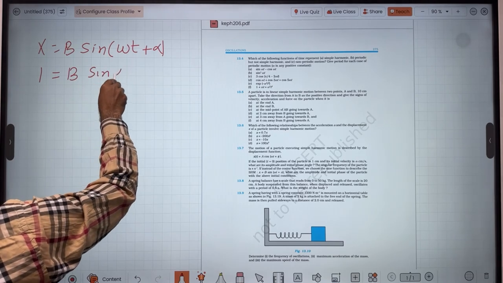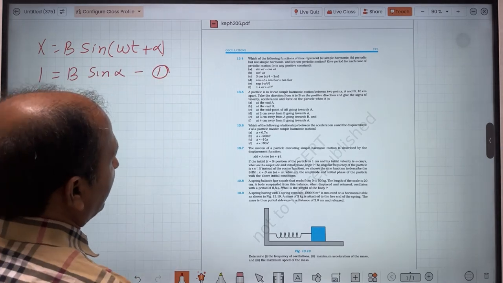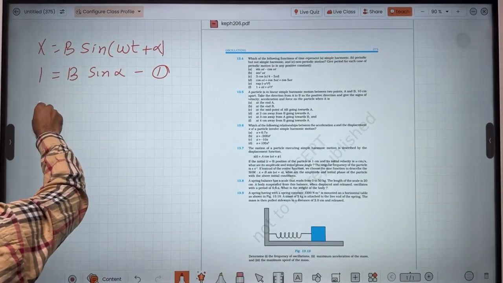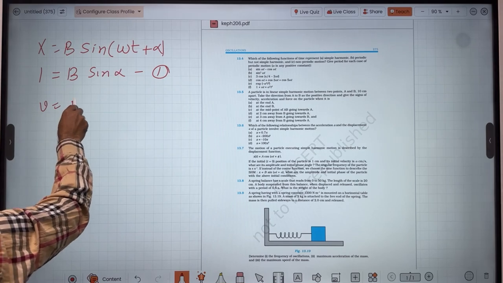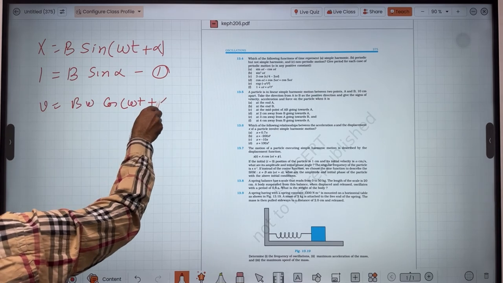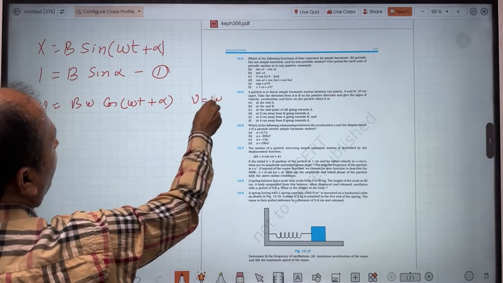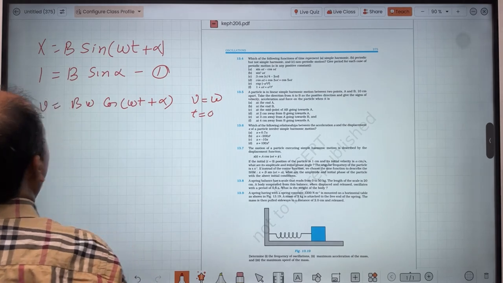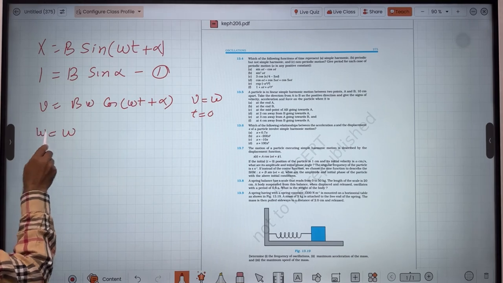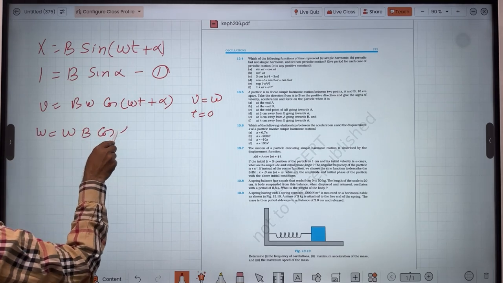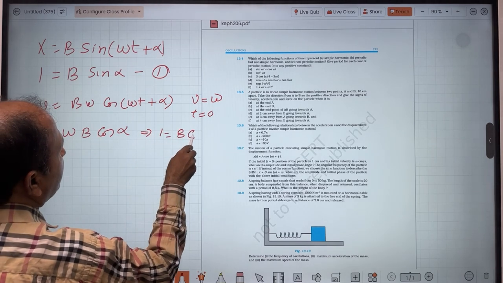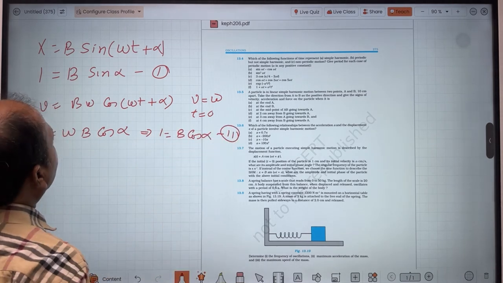So sine alpha, equation number 1. And again same condition. So velocity we find from here. Velocity will be b omega and then cos omega t plus alpha. Condition is v is given as omega, t is 0. So after putting this value, we get omega equal to omega into b cos alpha, or we get 1 equal to b cos alpha, equation number 2.